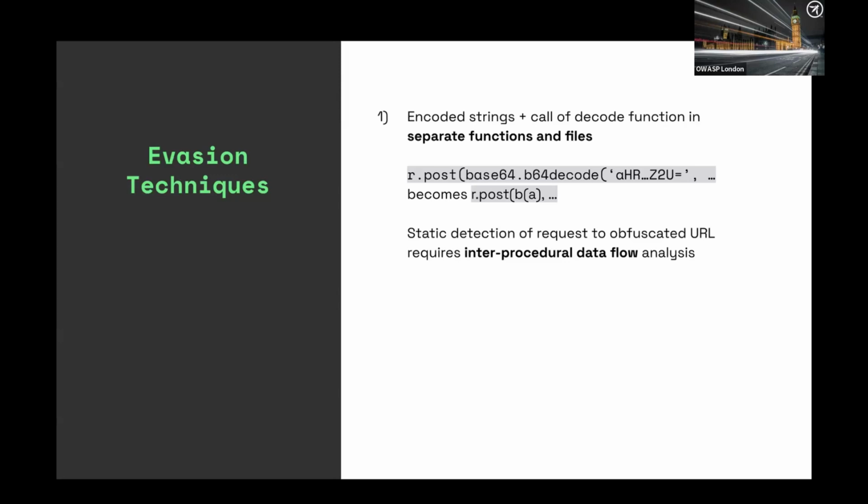But by splitting the payload across multiple files, it's more difficult. So you would need, in this case, interprocedural data flow analysis. You would need to understand how the data flows between functions of different files within the package, to understand that a base64 encoded string from one file is flowing into the decode function in another file.